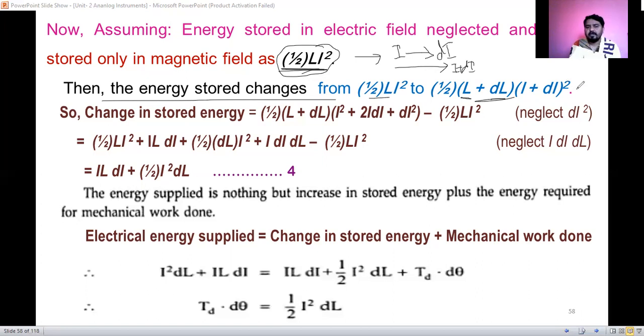We have applied the square here, so the energy stored will also change.